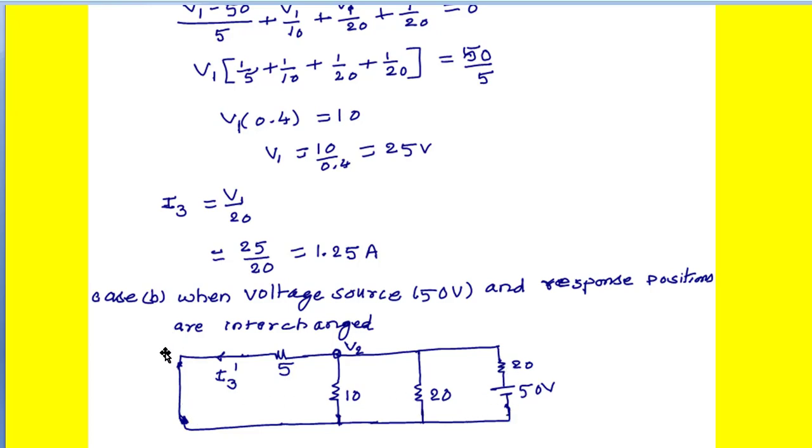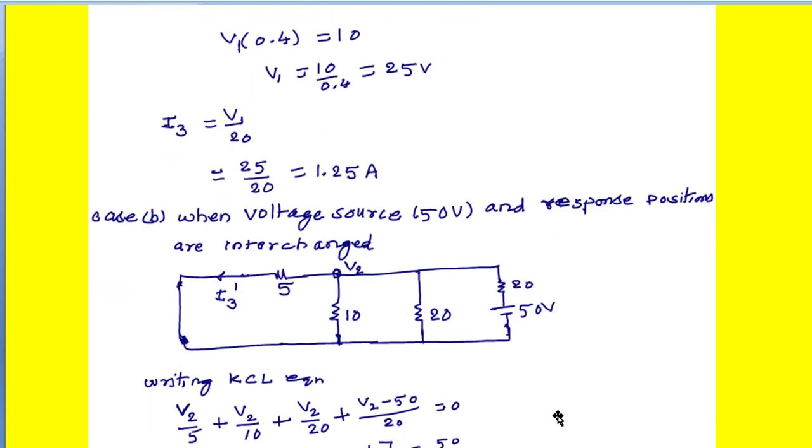Now what we are doing is, we make this voltage source branch, by short circuiting, the response branch and we call that current I3 dash, and we transfer that 50 volts to the branch under consideration for the reciprocity theorem, that is, we connect it in series with this last 20 ohms resistor like this. So now we get this I3 dash.